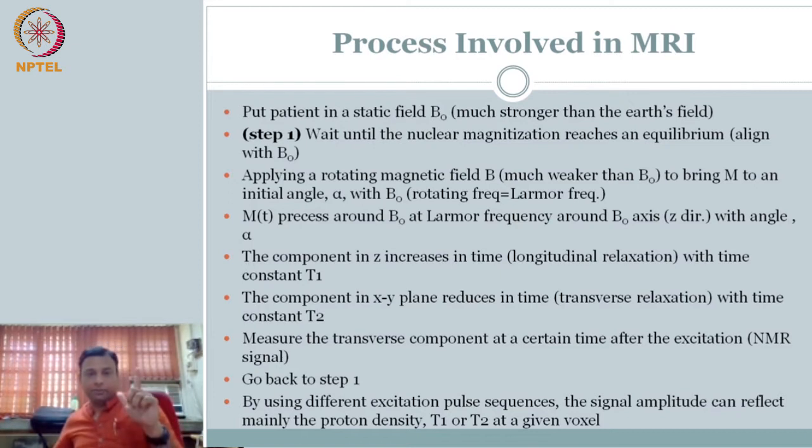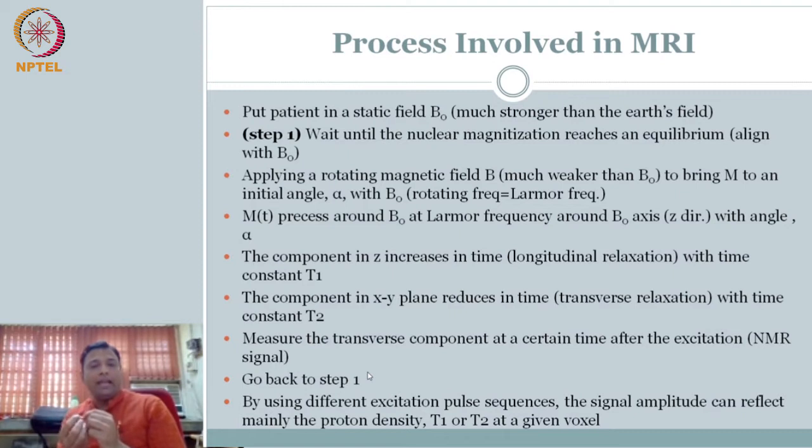And then the next step talks about what happens when your static magnetic field is still there, but you switch off the additional excitation rotating magnetic field. Once you do that, what will happen? In the xy direction, it will start to become random, right?